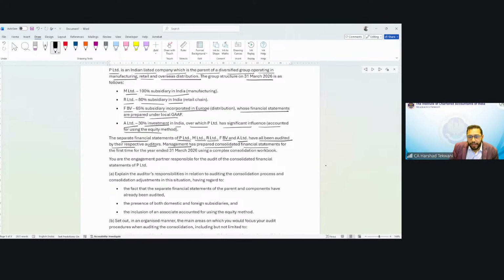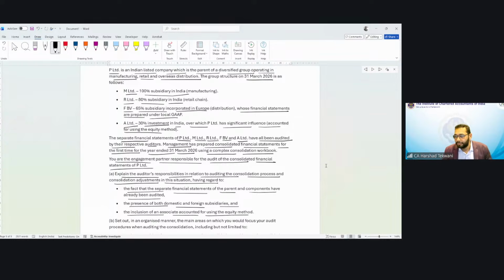Management has prepared consolidated financial statements for the first time for the year ended 31st March 26 using a complex consolidation workbook. You are the engagement partner responsible for the audit of the consolidated financial statements of P Limited. Explain the auditor's responsibility in relation to auditing the consolidation process and consolidation adjustments in the given scenario, with respect to the fact that the separate financial statements of the parent and components have already been audited, the presence of both domestic and foreign subsidiaries, and the inclusion of an associate accounted for using the equity method.